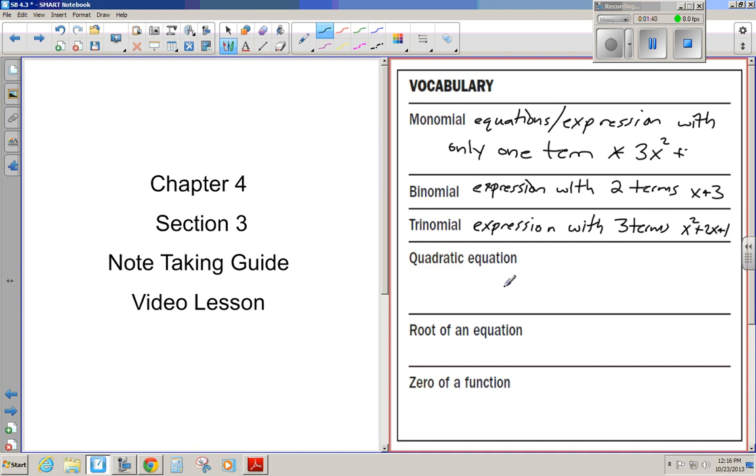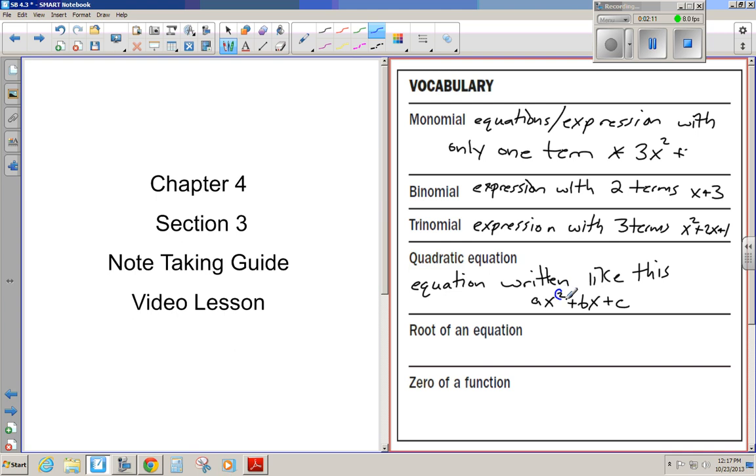All right, a quadratic equation is an equation written like this. So ax squared plus bx plus c. So it has to have one variable here, an x variable.